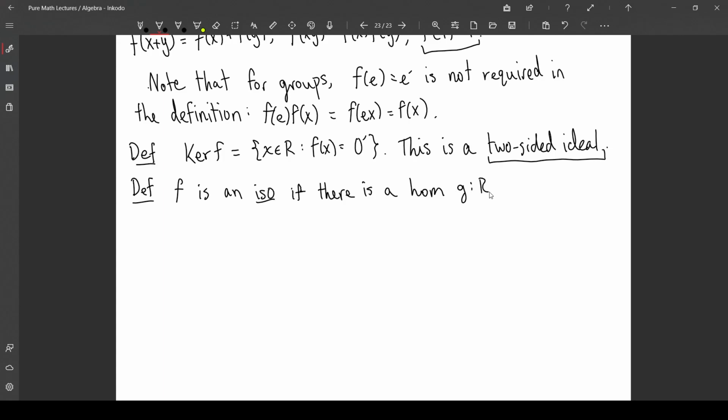This is going to go in the opposite direction as f, right? So f goes from R to R prime, g goes from R prime to R, and such that the compositions f composed with g and g composed with f are identity maps.